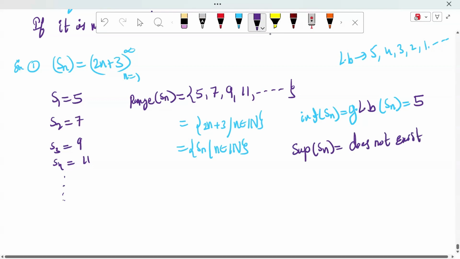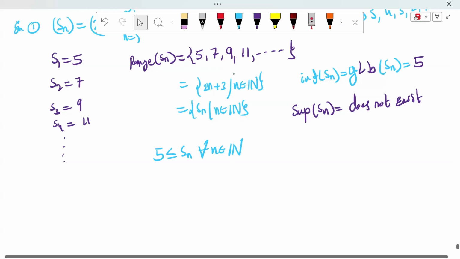Therefore, 5 is less than or equal to Sn for all n belonging to natural numbers. Therefore, the sequence Sn is bounded below.